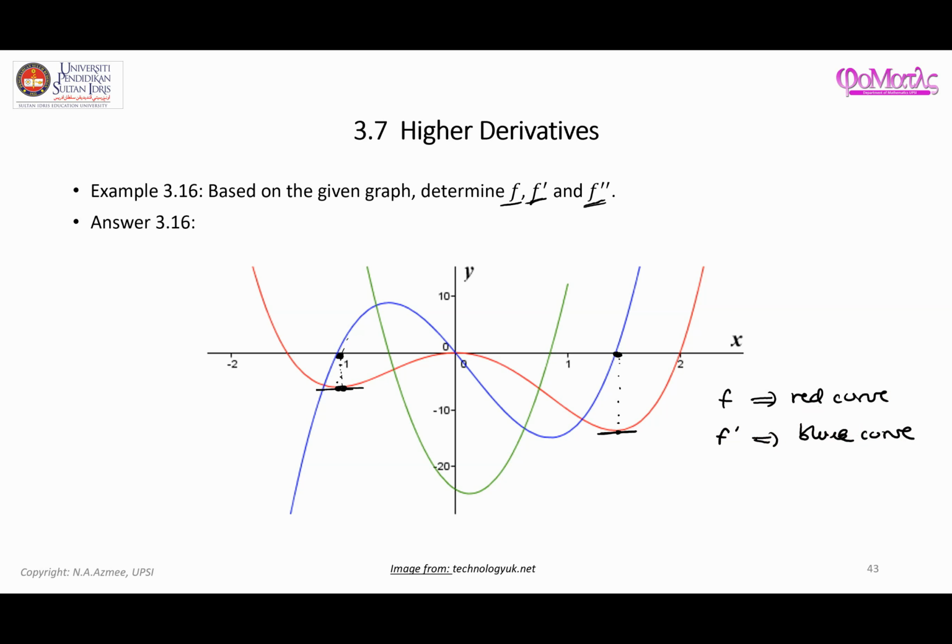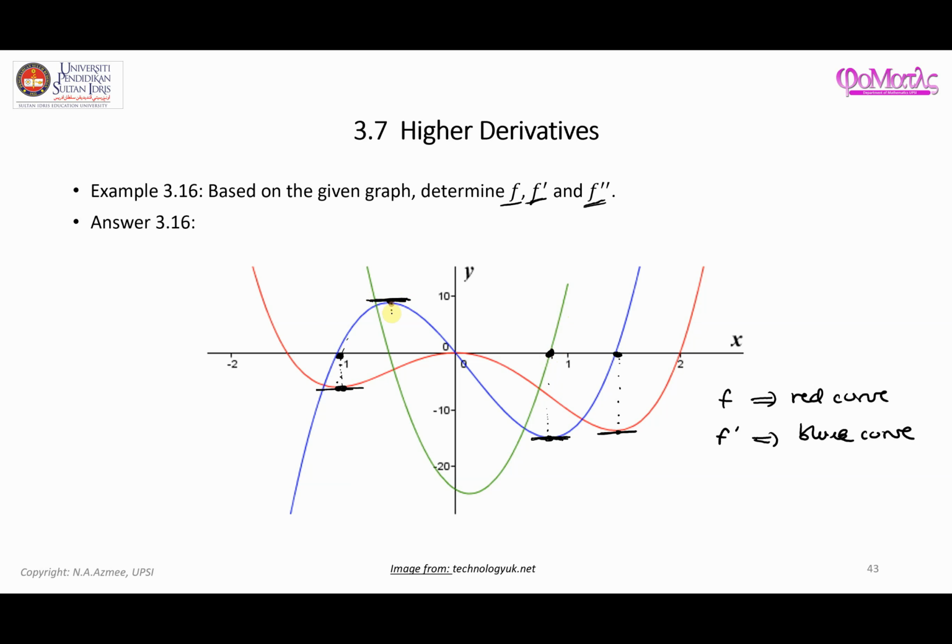Okay, now if we look at the blue curve, this is the point here where the slope is 0, and I would expect that at this point I will have some value 0. So you can see that point 0 is situated on the green curve, and similarly at this point here the slope of the tangent line is 0.